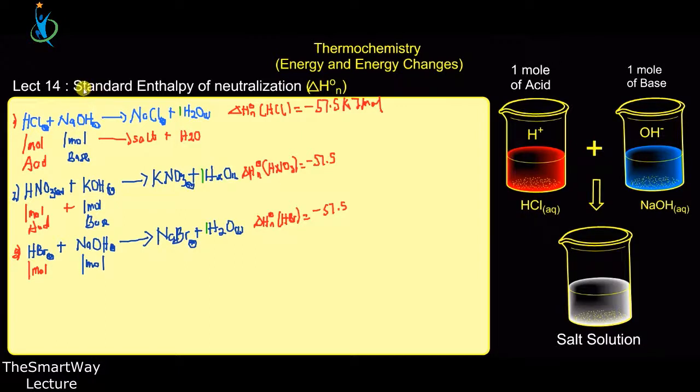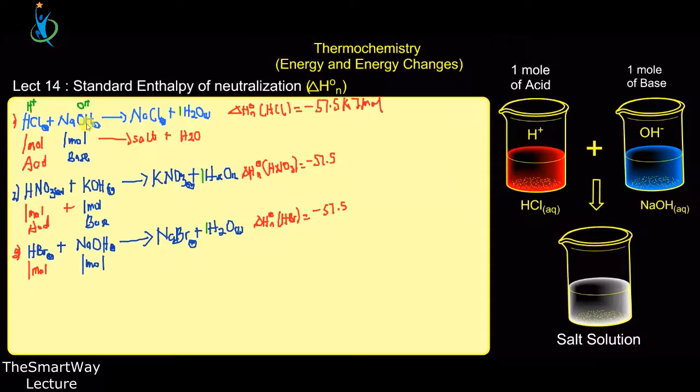Now we can also define standard enthalpy of neutralization as the amount of energy liberated when 1 mole of water is formed from the H plus ion from an acid and OH minus from a base.